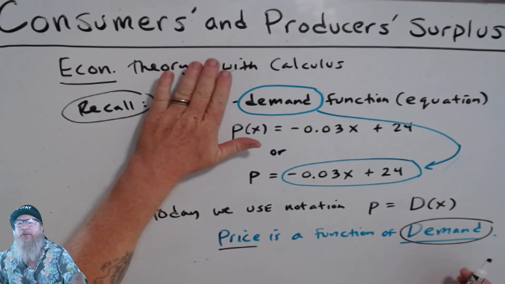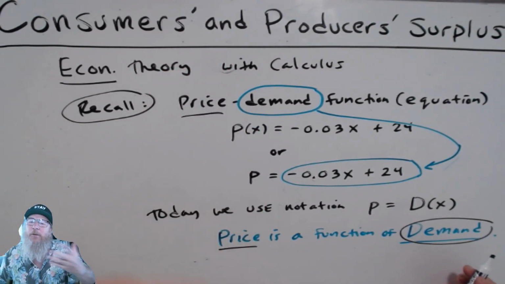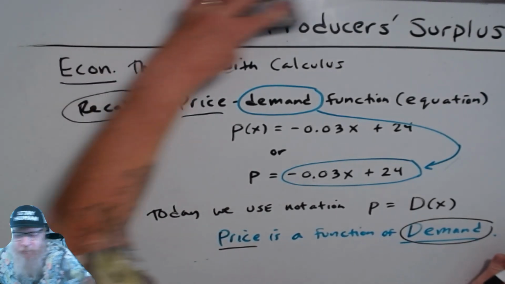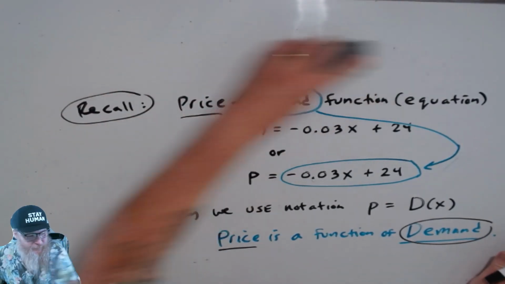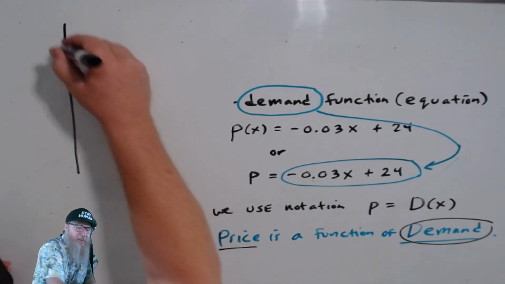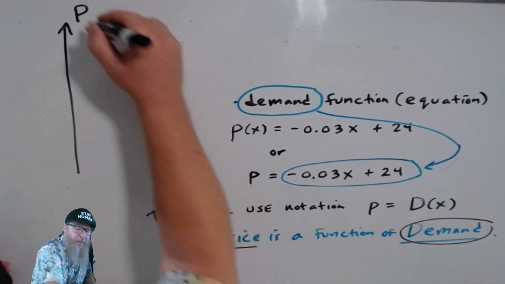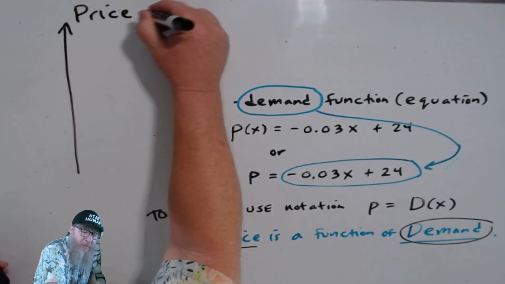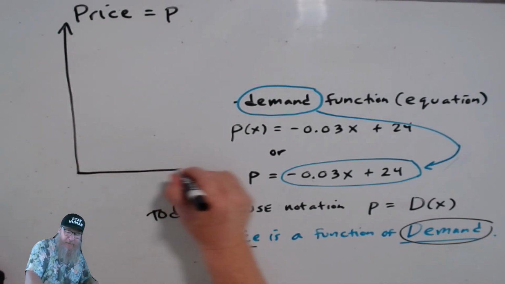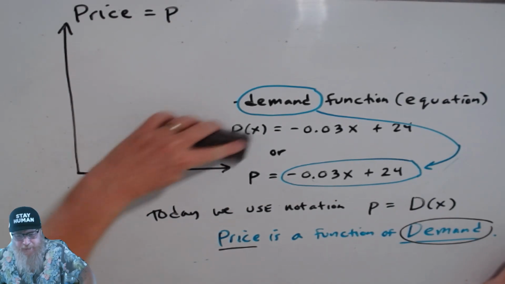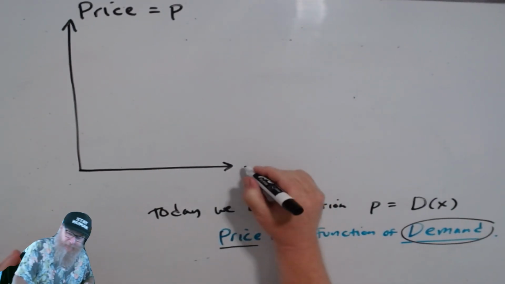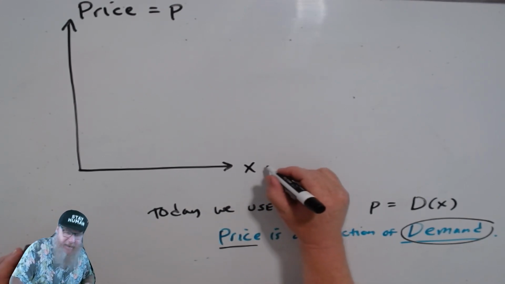But in today's lecture, the price will be the y value. I think that was already true. So the price is the y value. That's like your y-axis. And then your demand is x.